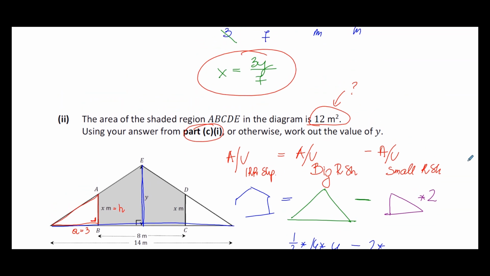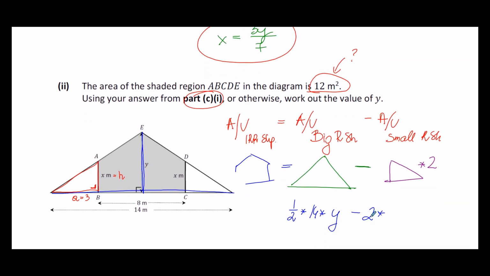We have an expression for x. So 2 multiplied by a half of a base, which is 3, multiplied by a height. So instead of x, we're going to use our expression for x in terms of y. Now let's say I put x.